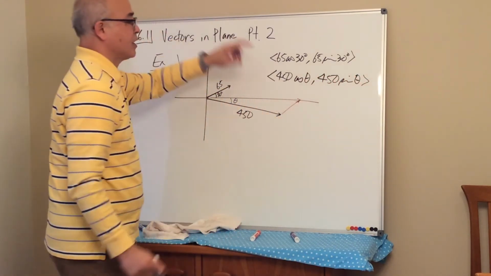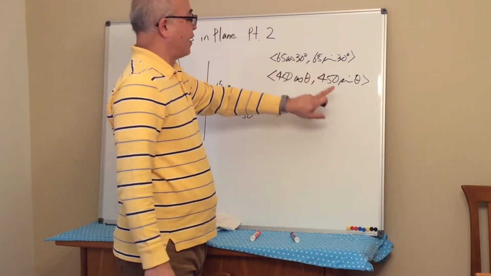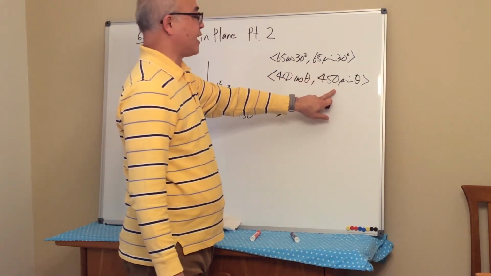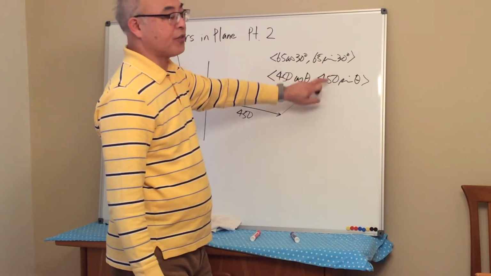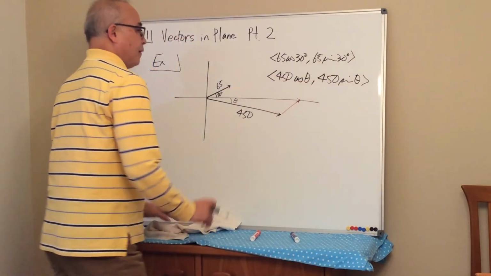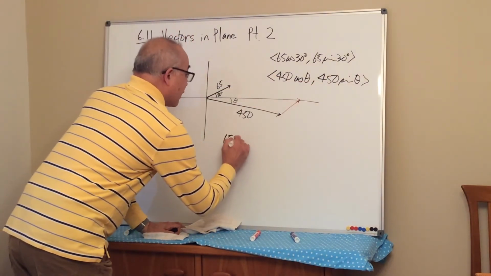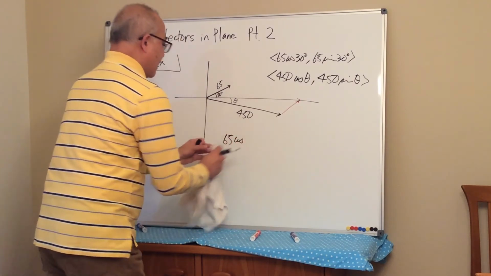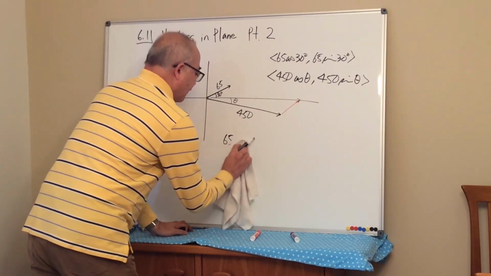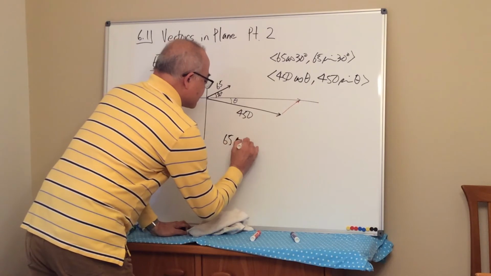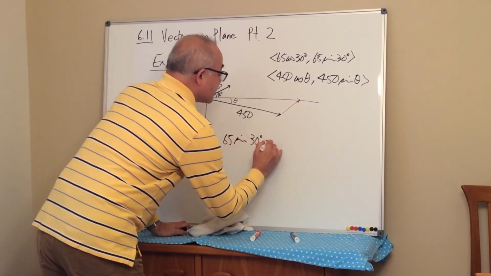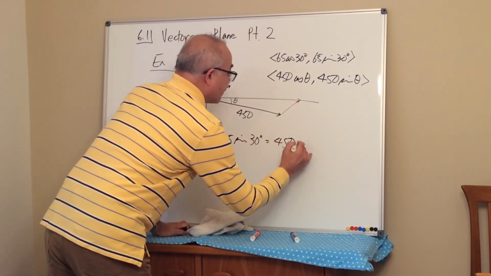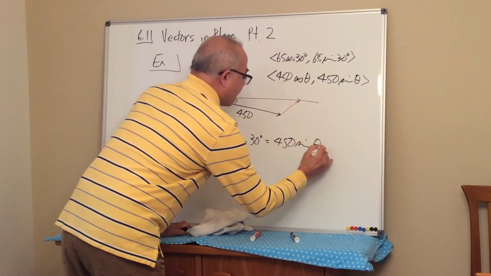In other words, this y and this y are going to be the same. So I have to put those equal to each other and solve for theta. So I get 65 sine 30 degrees is equal to 450 sine theta.